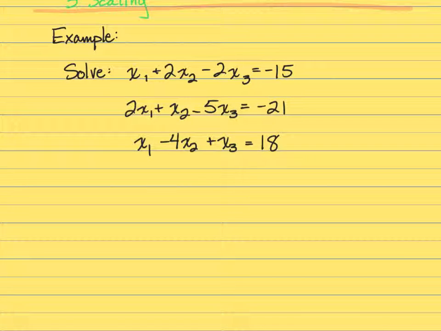All right, so let's look at this example here, a 3x3 system, and see what it would take to solve this using elementary row operations and some of the notation that we'll use along the way.